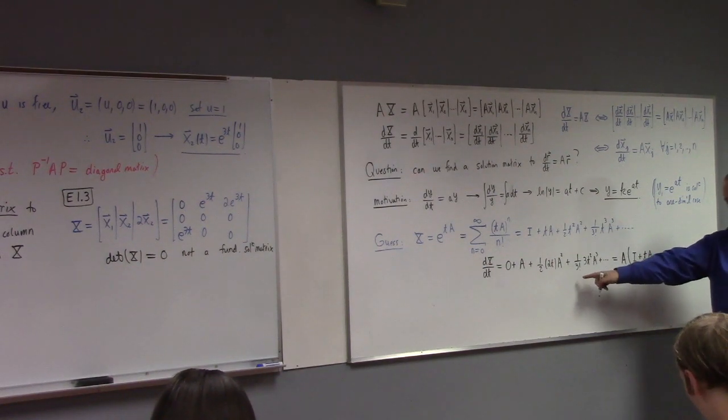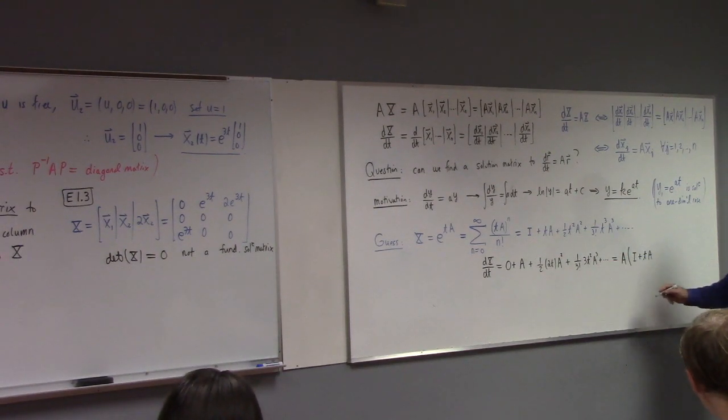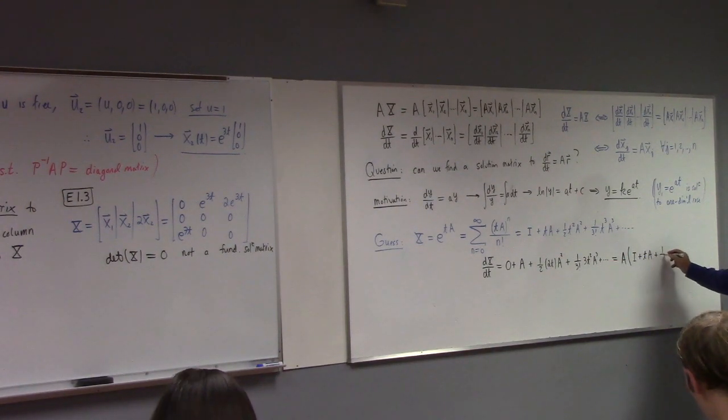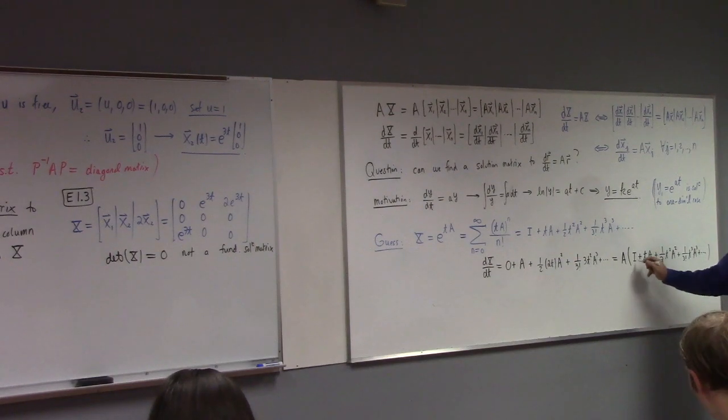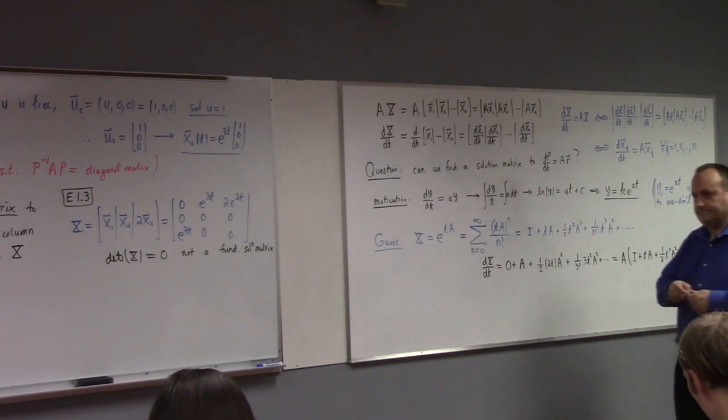And what's 3 factorial multiplied by 3? Well, it's 1 over 2 factorial, so plus 1 over 2 t squared A squared. And if I had written the next one down, we'd have 1 over 3 factorial t cubed A cubed, and this goes on. What are we looking at?